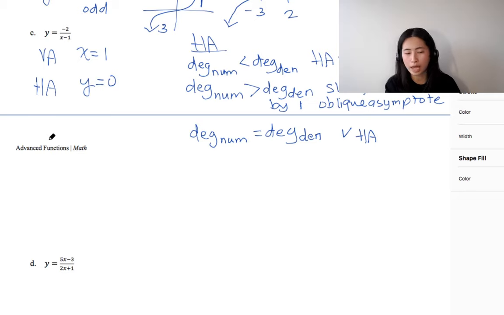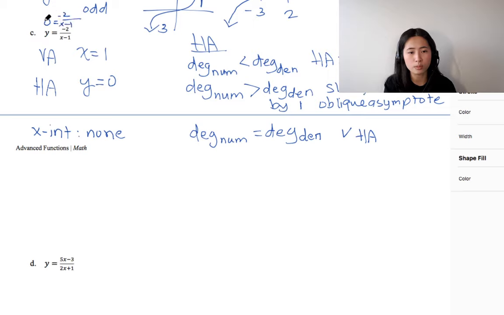So now we have the vertical asymptote and horizontal asymptote, and we also have to find our intercepts, right? Because we have x-intercepts and y-intercepts. So maybe we can look at our x-intercepts. For the x-intercept, it's actually none for this particular function, because when you set y to 0, you have 0 equal to negative 2 over x minus 1.